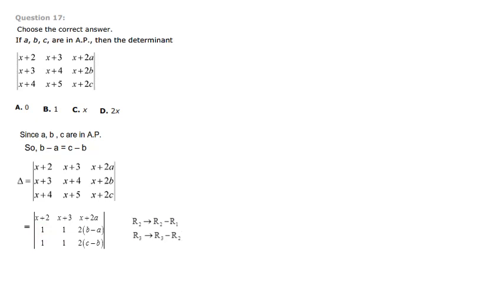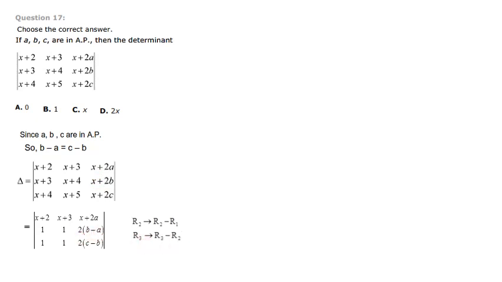Next is x+4-x-3, that is 4-3, 1. Then again x+2b-x-2a, means 2b-2a. From there, if we take 2 outside, 2(b-a) will come.